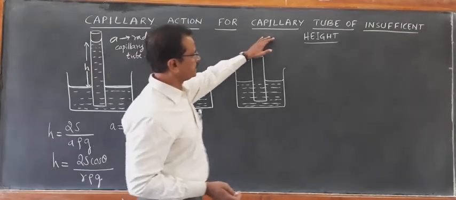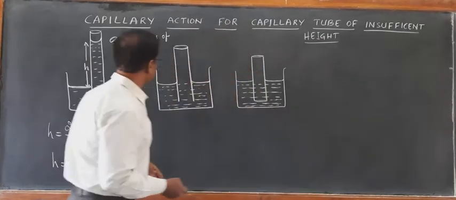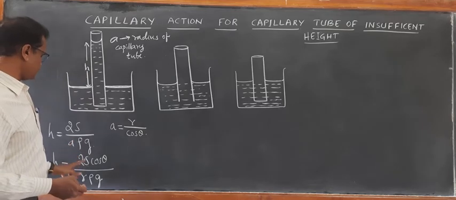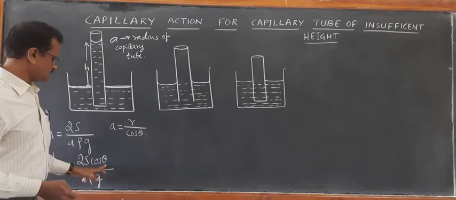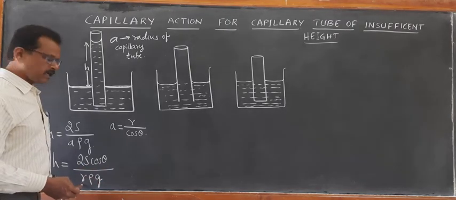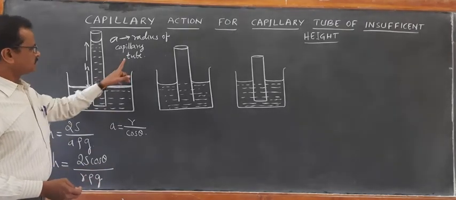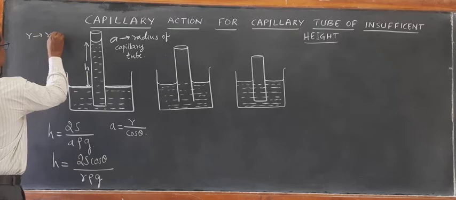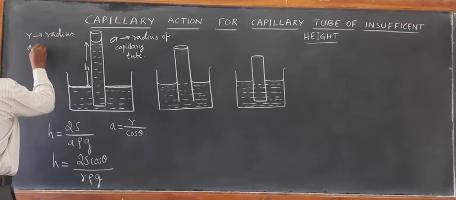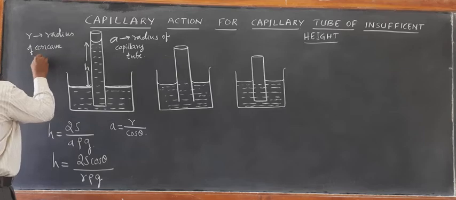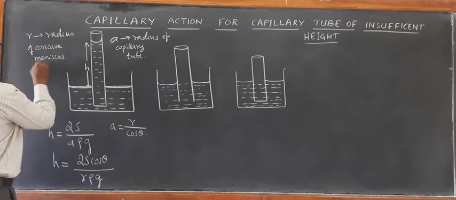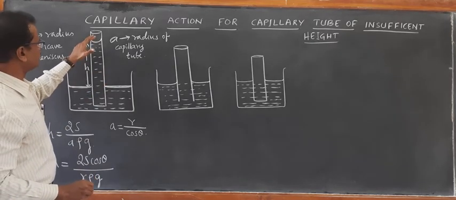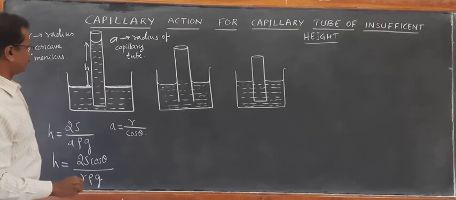Capillary action for a capillary tube of insufficient height: the height through which the liquid rises is h naught, given by 2s cos theta upon r rho g, where theta is the acute angle of contact, r is the radius of the concave meniscus, that is, the radius of curvature of the water surface, the interface between air and liquid.